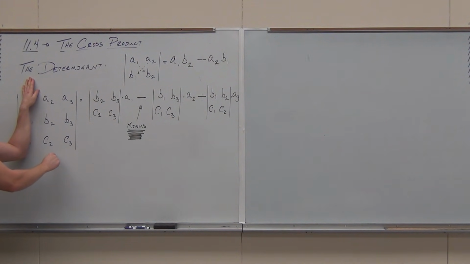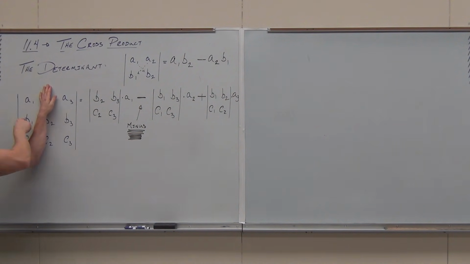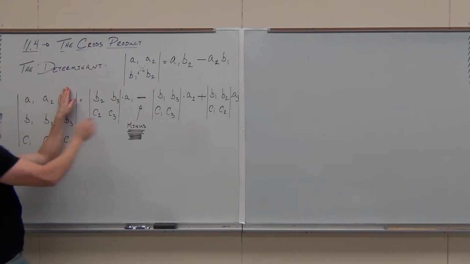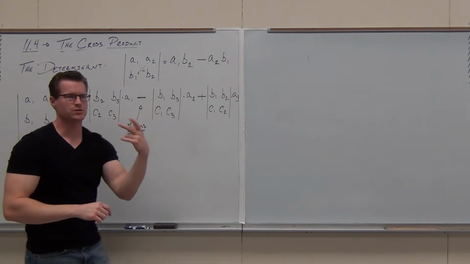Find the determinant of this matrix and then multiply by that top number that you just covered up, and that does it for you. Cover up this column. Do you see the matrix that we create there? Same numbers. Multiply by the top number that you just covered up. Cover up that column, and we get the same matrix. And then multiply by the top number that you just covered up.